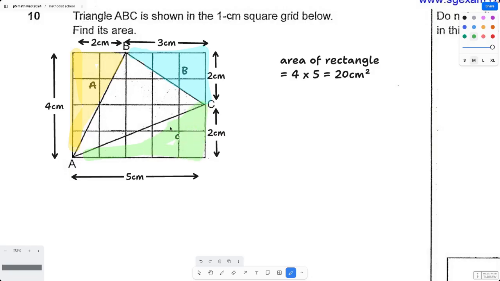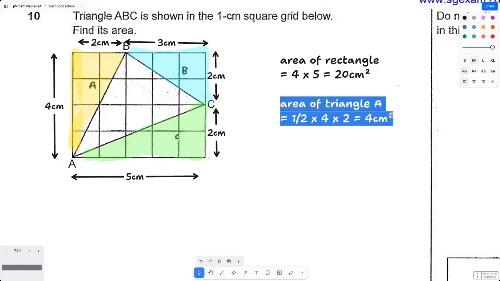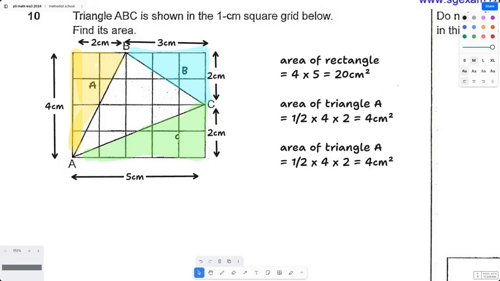So we're gonna get all of the different triangles. Area of triangle A is equal to half times 4 times 2, which is 4 centimeters square. Area of triangle B is equal to half times 3 times 2, which is 3 centimeters square.